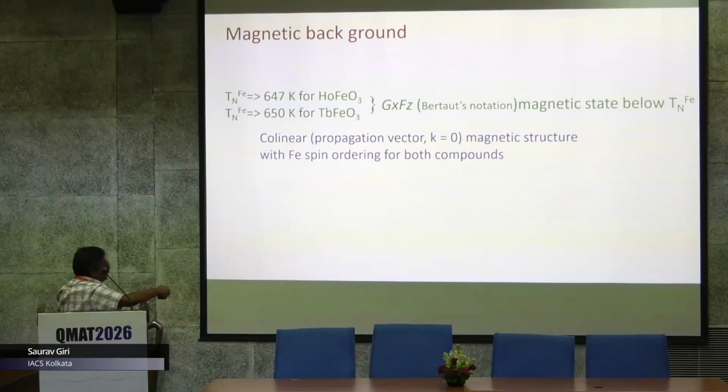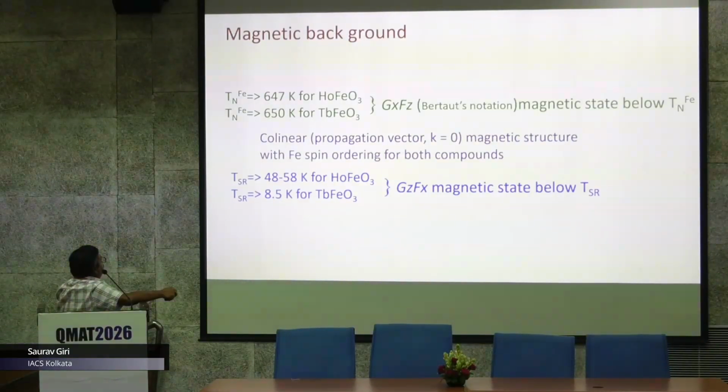With lowering of temperature, this magnetic state is a k equal to 0 collinear magnetic structure. With further lowering of temperature, because of the interaction and hybridization between the rare earth and iron, there is another spin reorientation temperature, which lies between 48 to 58 Kelvin depending on the different reports for holmium, and 8.5 Kelvin for the terbium compound.